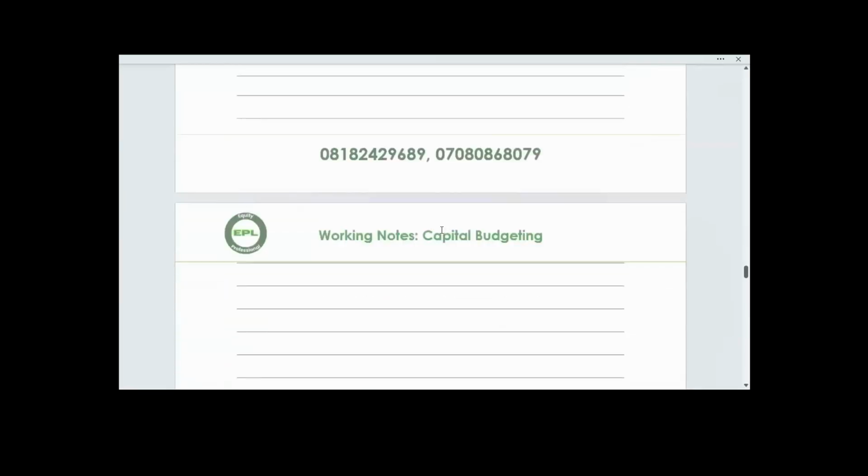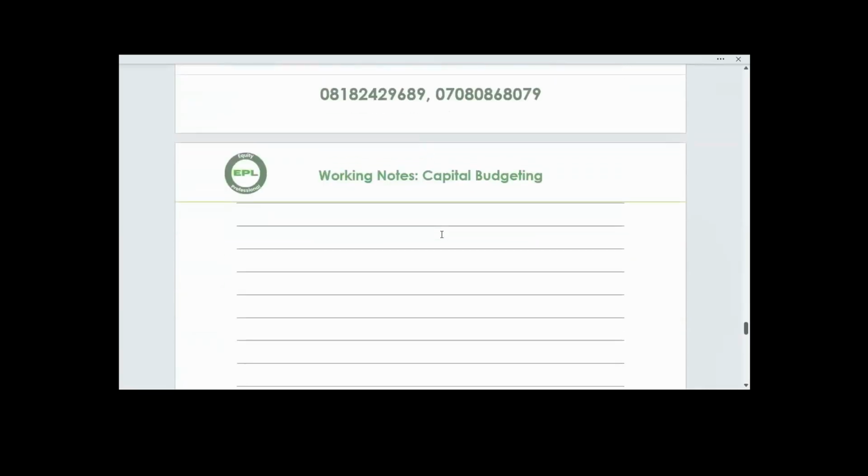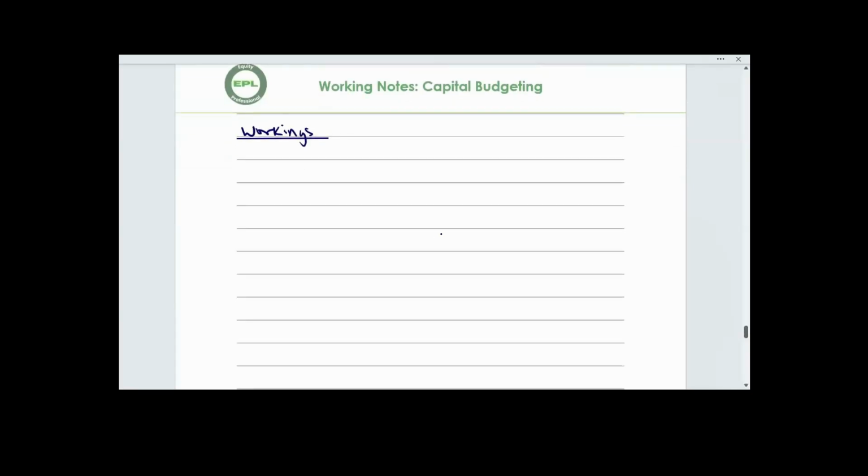The second page will be for internal rate of return, as well as a discounted payback period. Then our workings start from the 4th page. So let's start working from here, because you are not expected to mix working with your main calculation. Your main calculation should come on the first page, on the main page of your answer booklet. Then workings will come last. So you don't start with working before the main solution.